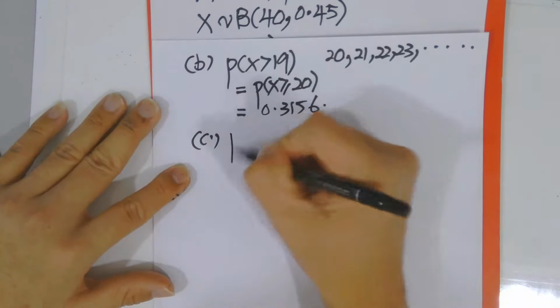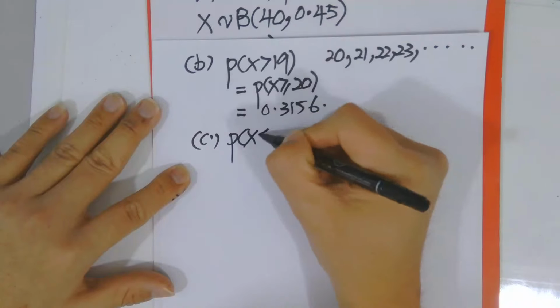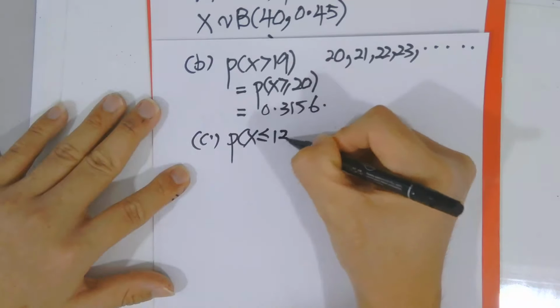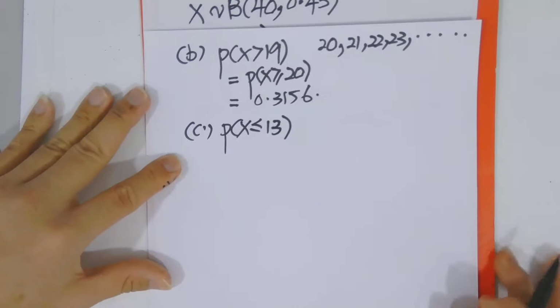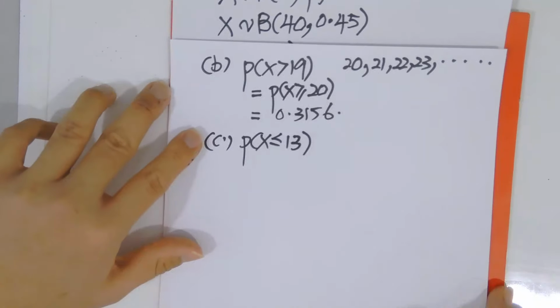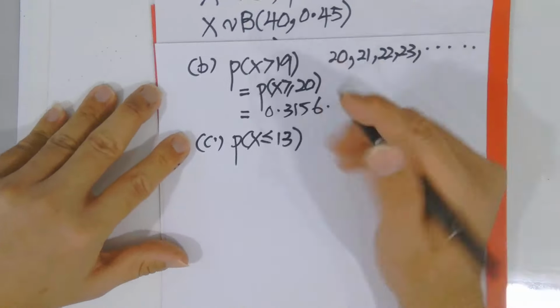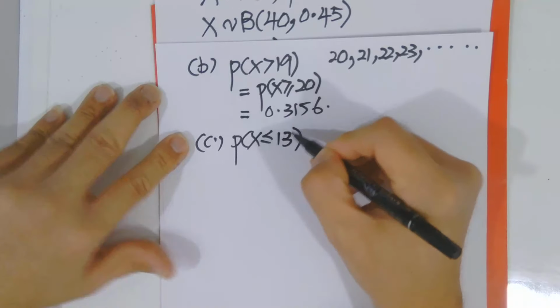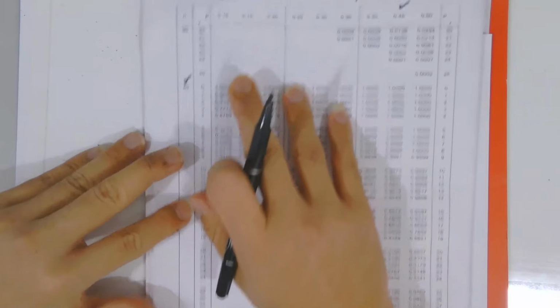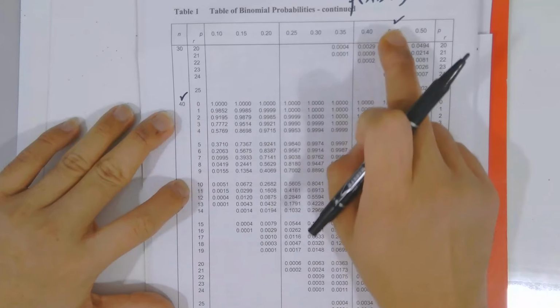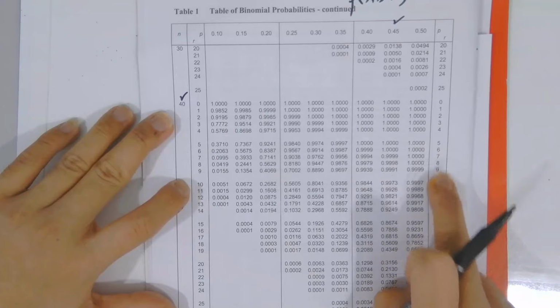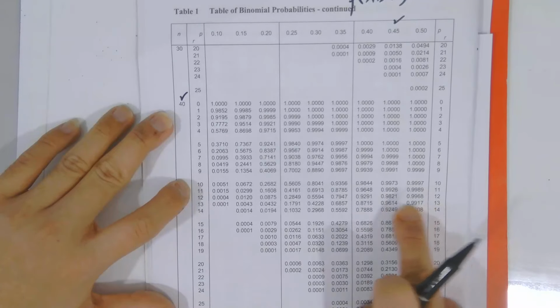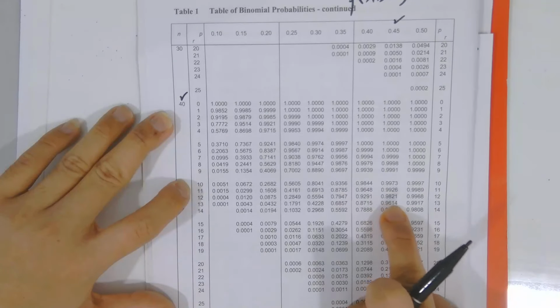Let's say I want to find the value of P(X ≤ 13). Listen to my working. If I have less or equal 13, I cannot use this statistical table before I modify it. I cannot say 40, 0.45, then go for the value of 13 and conclude that the answer is 0.9614.